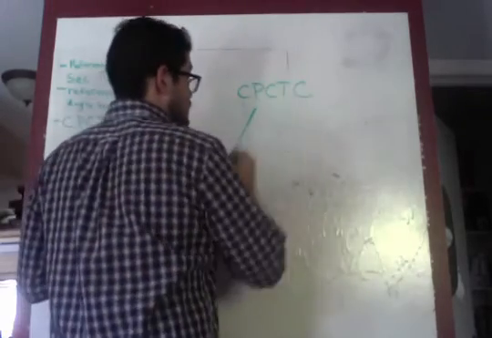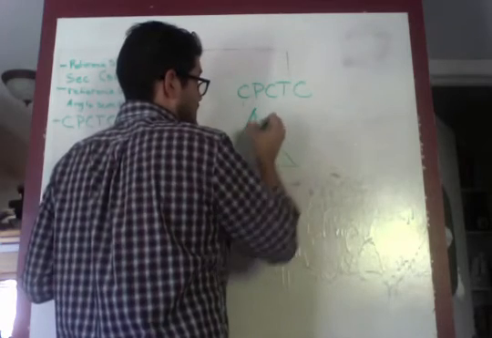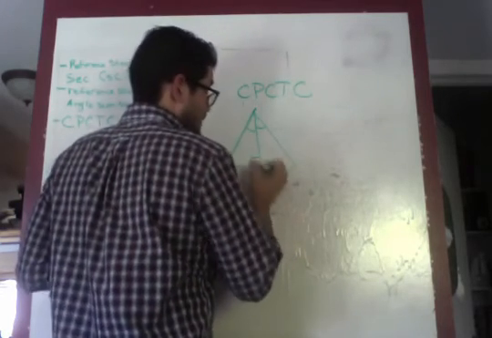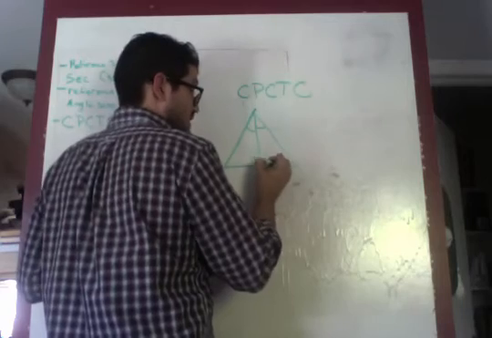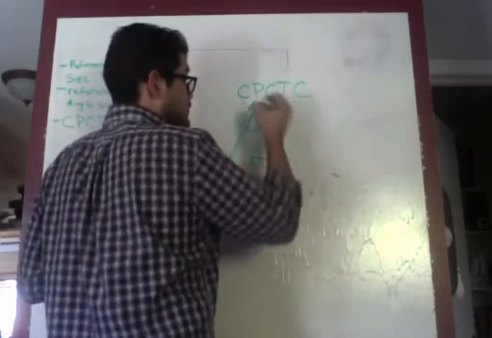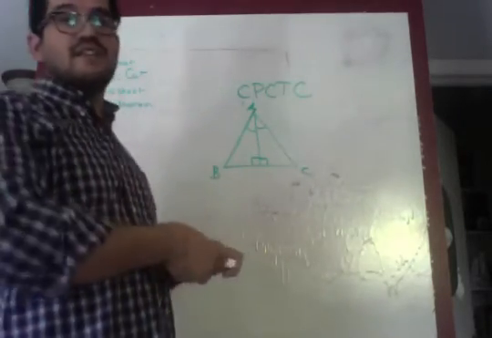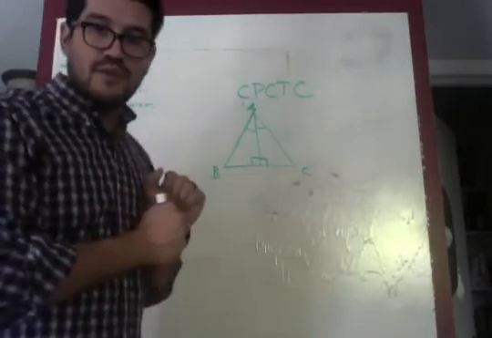Meaning, if I have a triangle here, and I told you this angle is 90 degrees, which means this is also 90, and I said prove that AB is congruent to AC. Now, they'd first prove that the triangles were congruent.